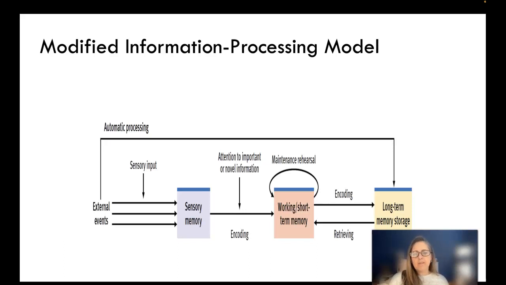So when we have information in our working memory that we want to get into long-term memory, we have to process it in some way. And we're going to talk a little bit today about how we process it to get it from working memory into long-term memory. But the other thing that's important to know here is that when we need to use that information, we retrieve it from our long-term memory and pull it back to our working memory so that we can use that information.